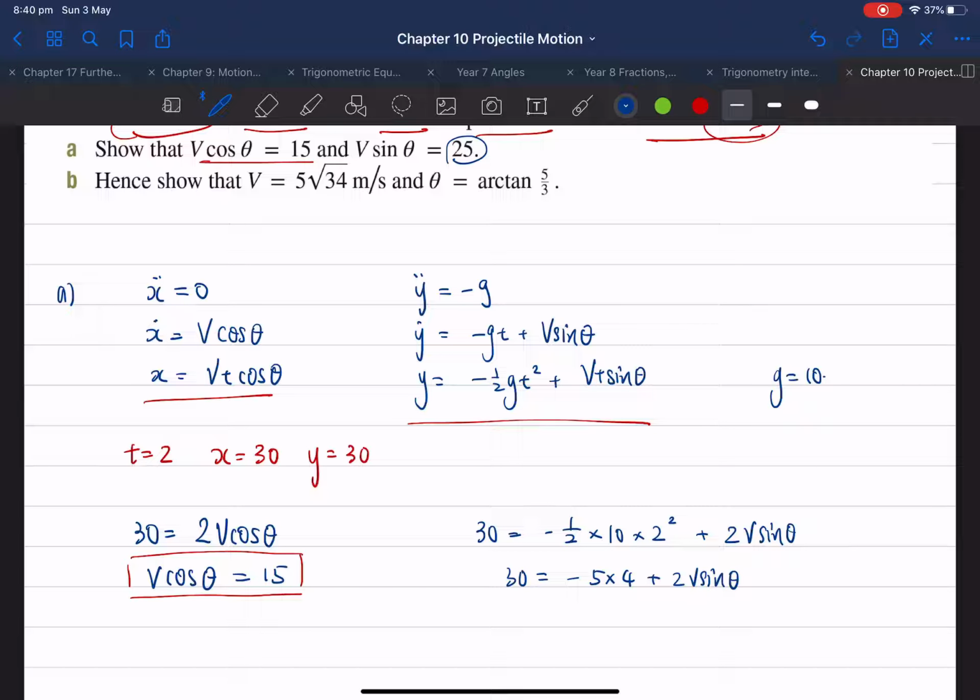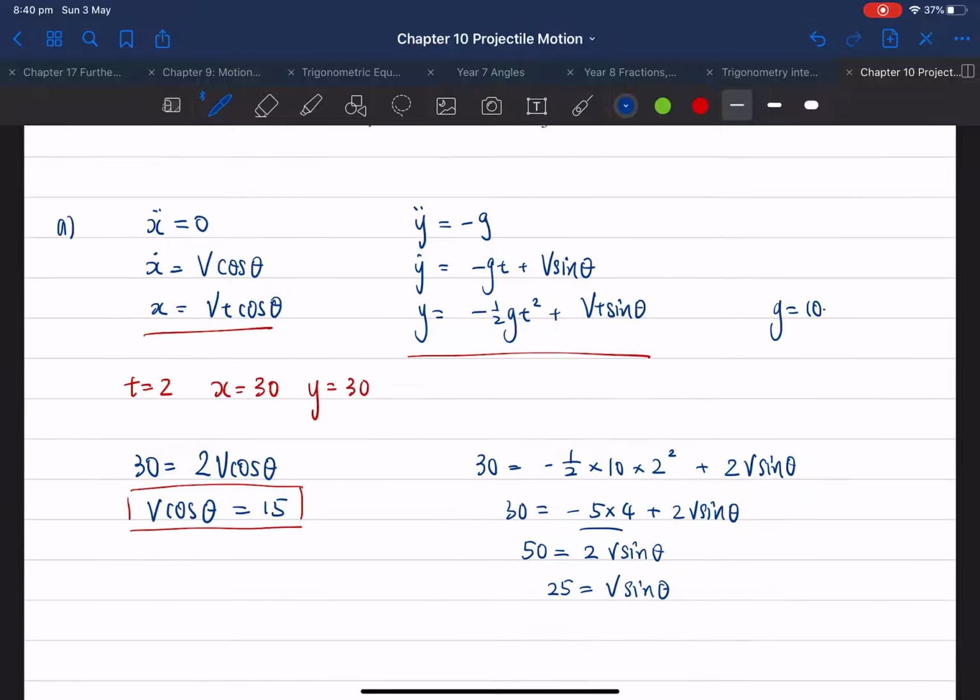Yeah, I'm pretty sure that's all right. Yep, okay, so let's move on. That's 20, that's 30, so combined that's equal to 50. That's 2v sine theta, so now it becomes 25, which is equal to v sine theta, and that's what we need to prove. So v sine theta equals 25. Done. We just proved that.